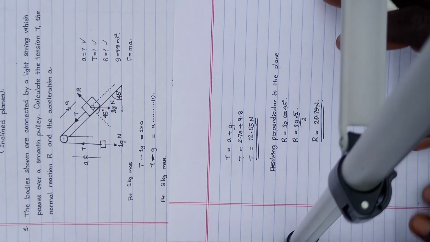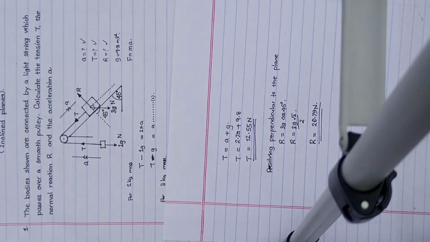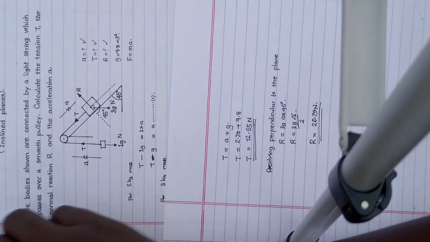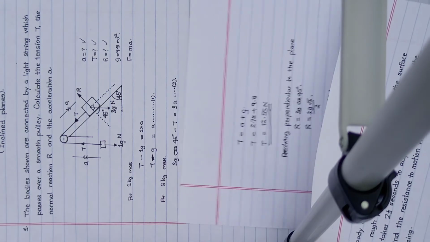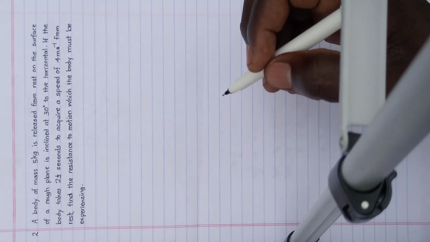So we are done with these questions. The second question is where we have a body of mass 5 kg released from rest on the surface of a rough plane inclined at 30 degrees to the horizontal.